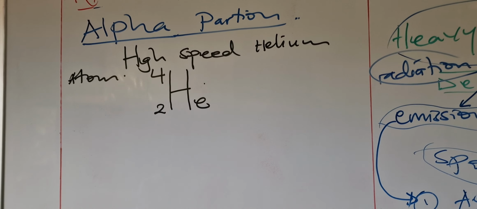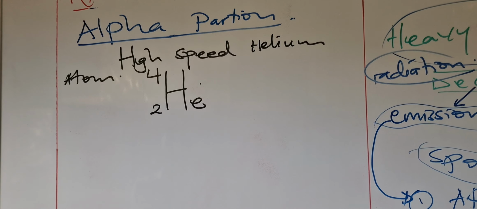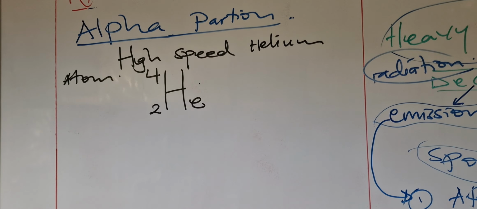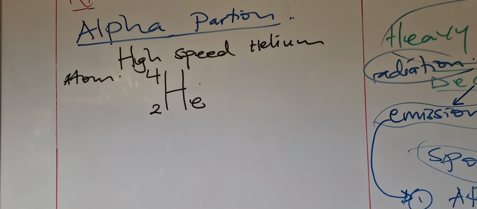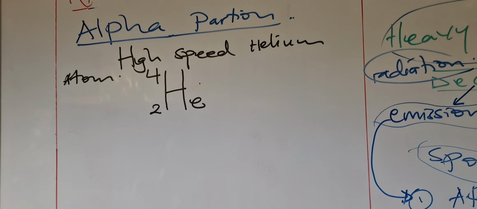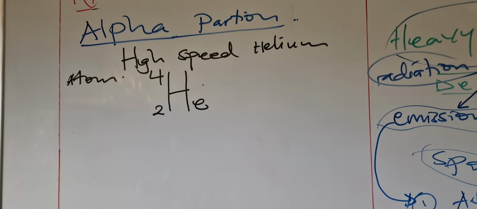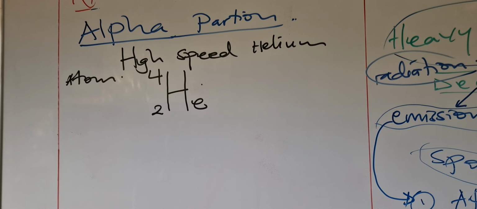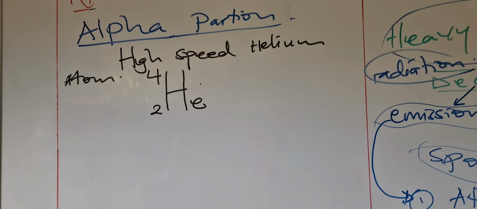We said the elements whose nuclei are unstable will always be termed radioactive elements. So the radioactive elements that decay by emission of an alpha particle, their mass numbers will be reduced by 4, and their atomic numbers will be reduced by 2.